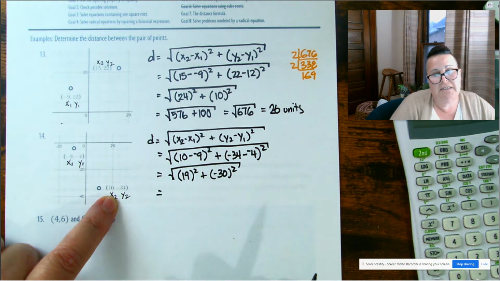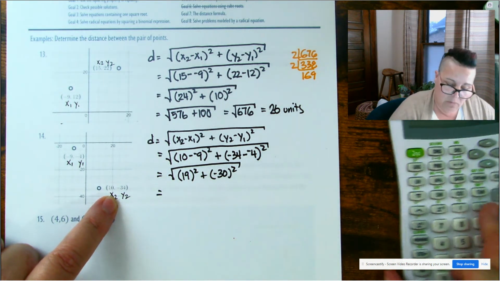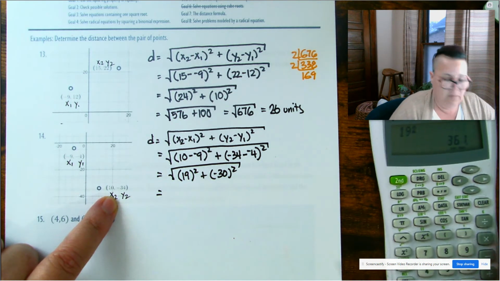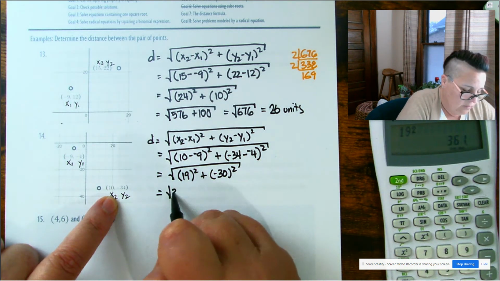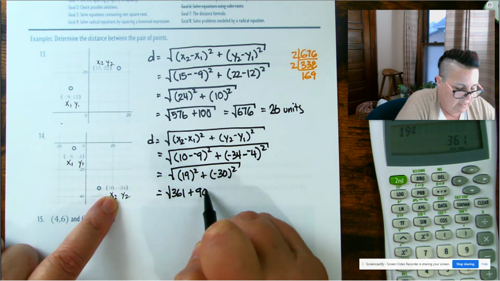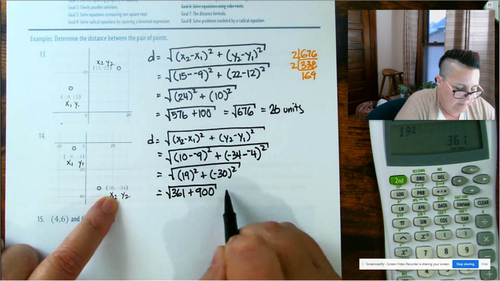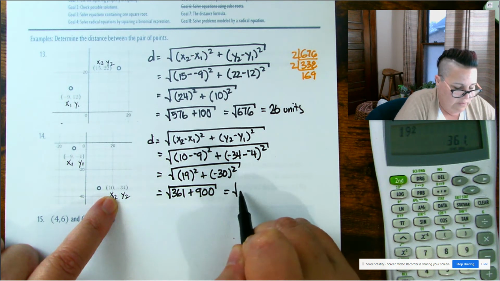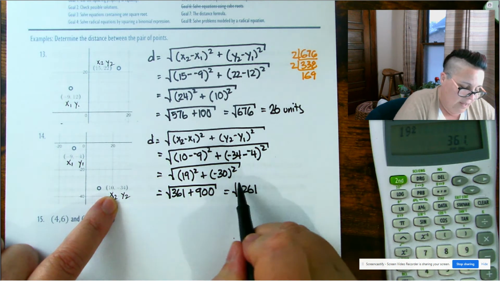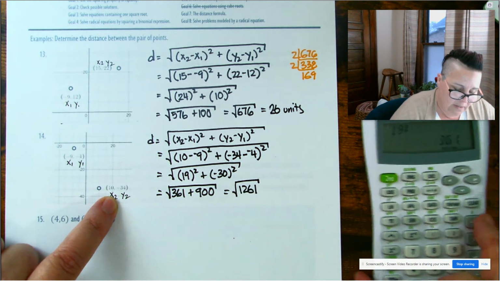So 19 squared is going to end in a 1. I don't know what, but 19 squared is going to be 361. That's the square root of 361 plus 30 squared is going to be 900. So this is going to be the square root of 1261. Wow, 1261, huh?